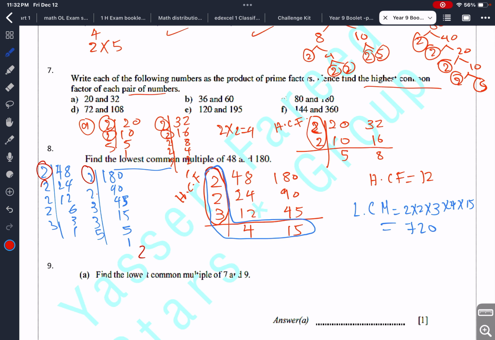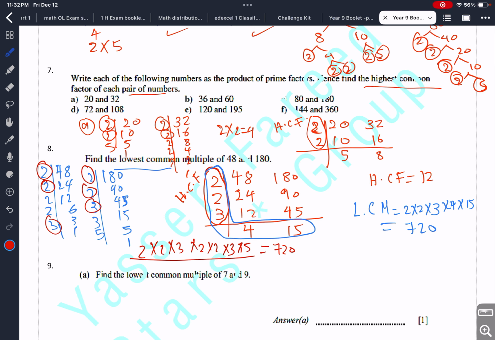If it's common, I'm going to take it only once. And now I have also 3, multiplied by 3, and then the rest would be 2 times 2, 3 times 5. If you multiply all this, it would be 720.